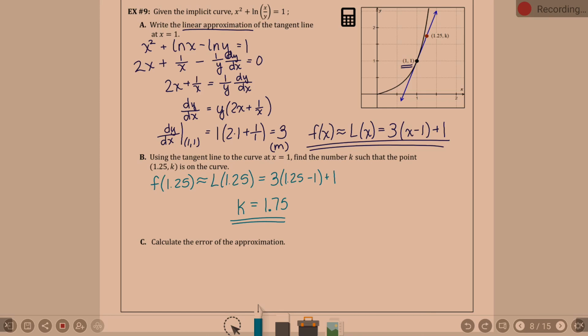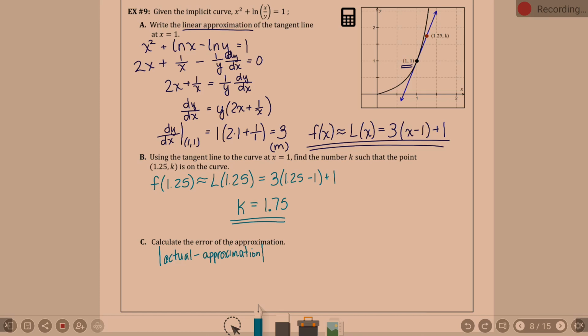Okay. And so in order to do the error, you know you need to do the actual minus the approximation, yes? Now, the problem we're running into: we have the approximation, yes?